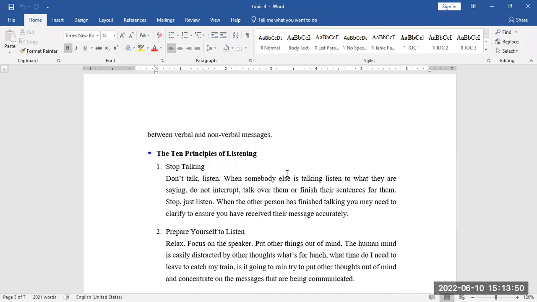So when the speaker is speaking, number one thing that you must do is stop talking. So don't talk, listen. So when somebody else is talking, listen to what they are saying. Again, do not interrupt them. You know, there are people who, when they start talking, they will start from very far. They will beat around the bush before they tell you the reason as to why they came to see you.